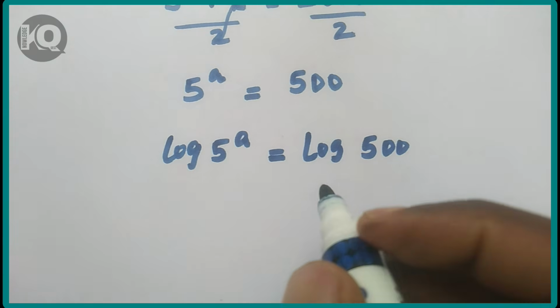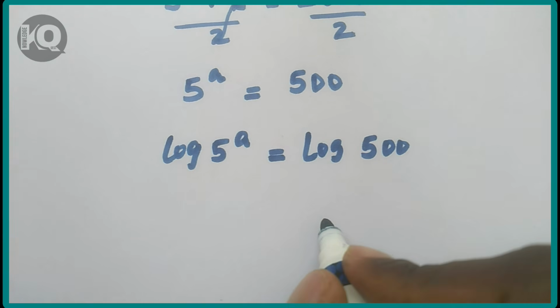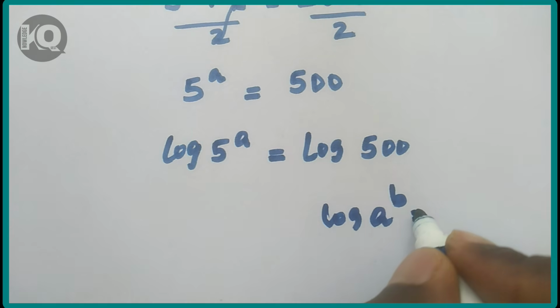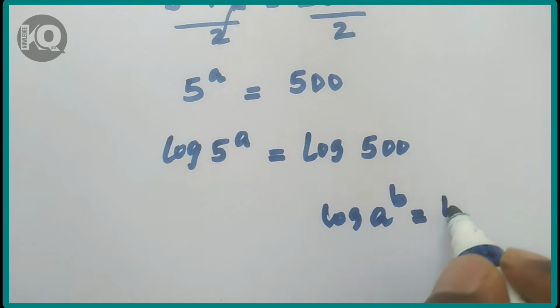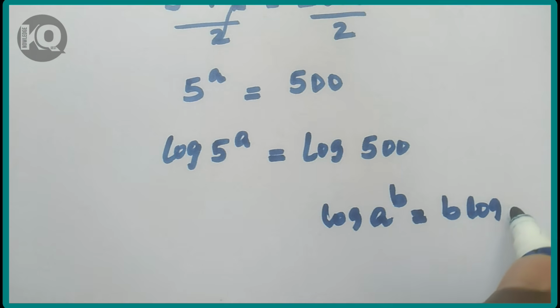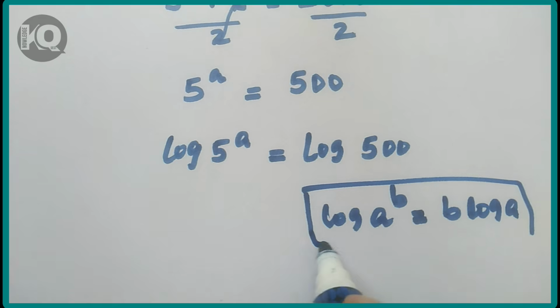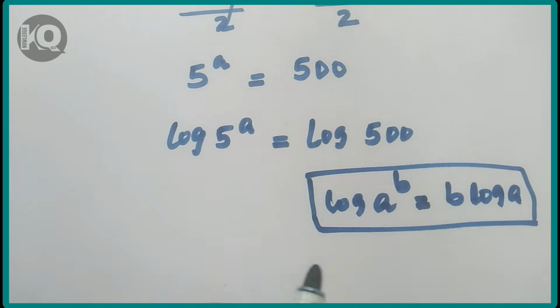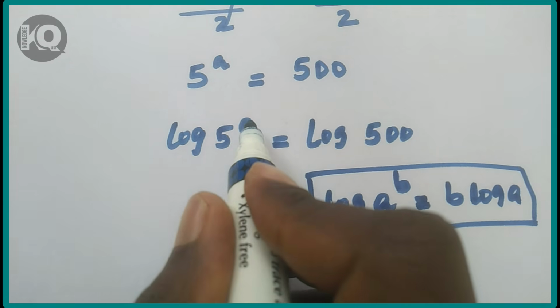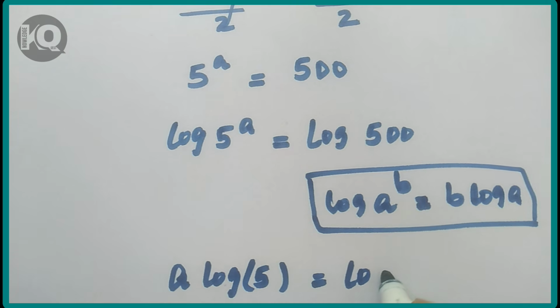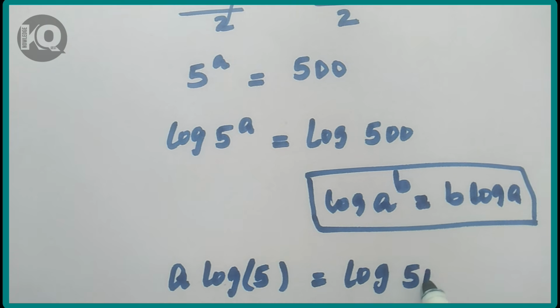From the rule of logarithm, we know that log of a to the power of b is equal to b times log of a. So applying this principle, this power will come to the front, and a log of 5 is equal to log of 500.